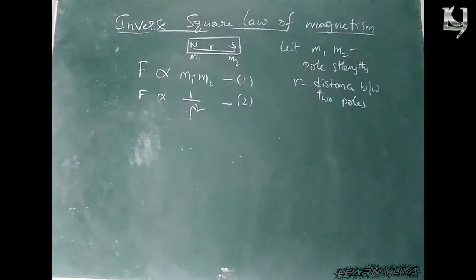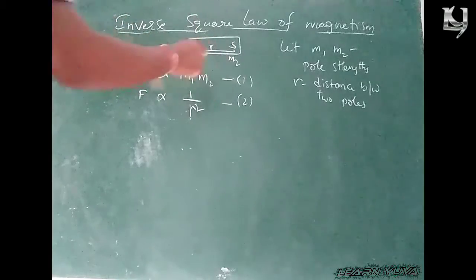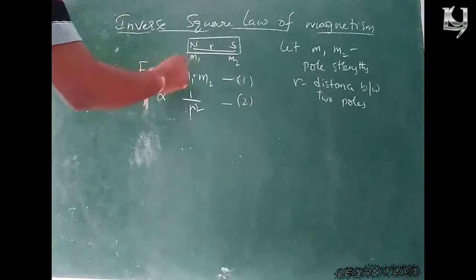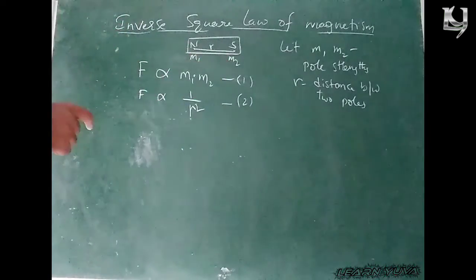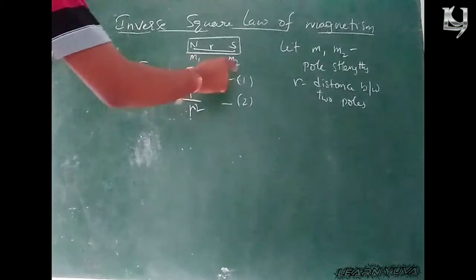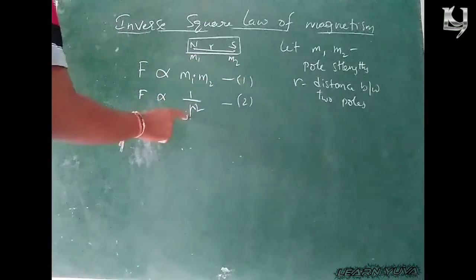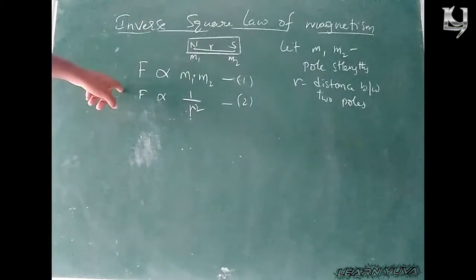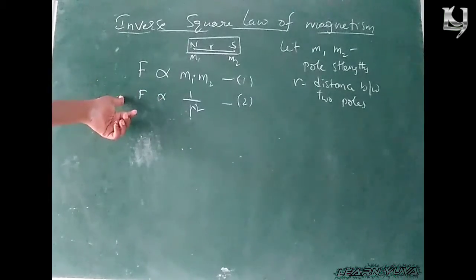Here the force of attraction between north pole and south pole depends upon the pole strengths and also the distance between the poles. If the distance between the poles increases, R increases, it is inversely proportional, so the force decreases. If R decreases, force increases.